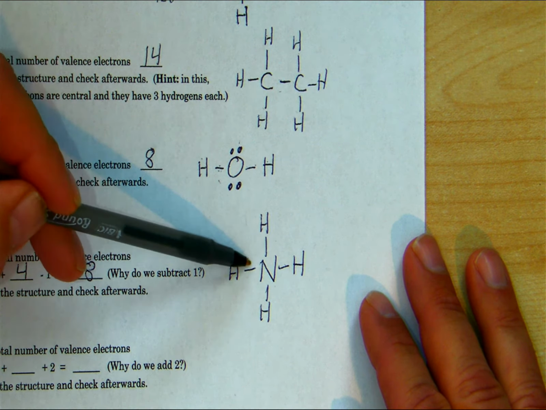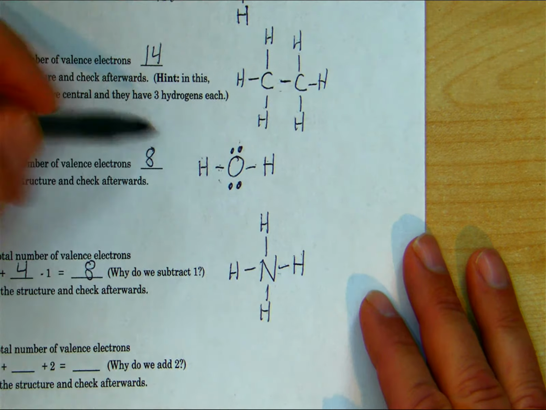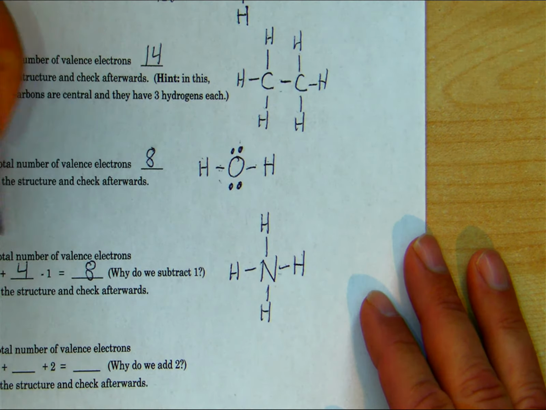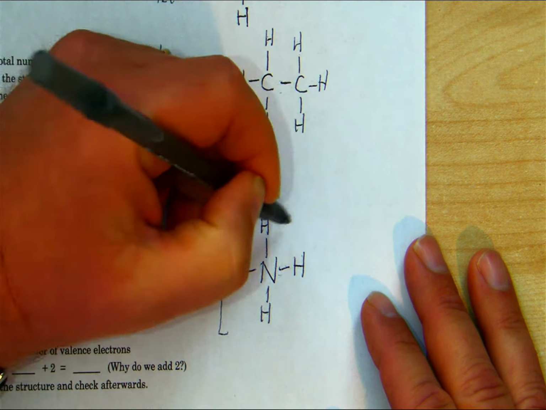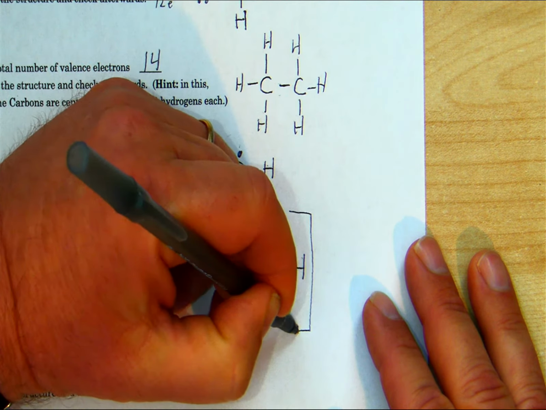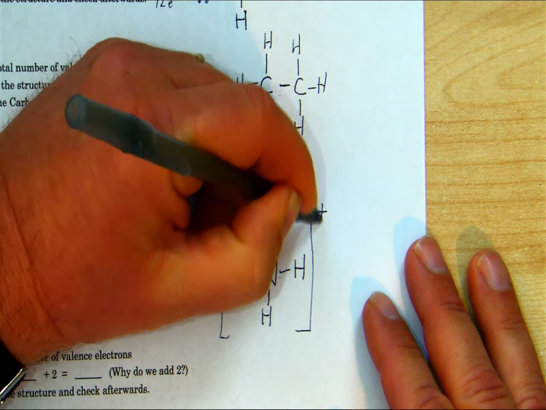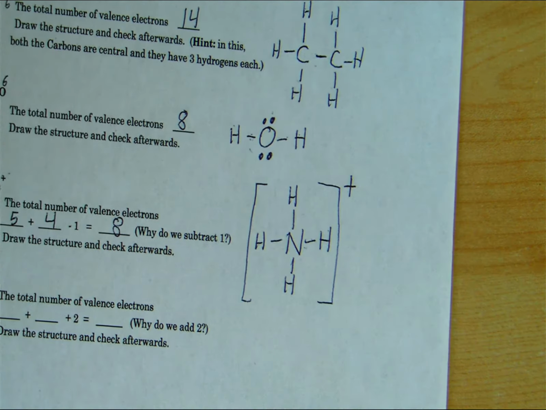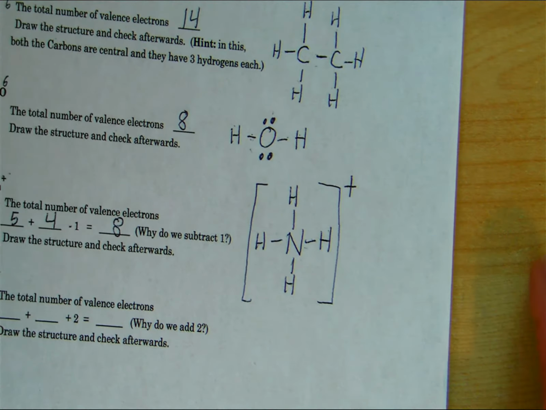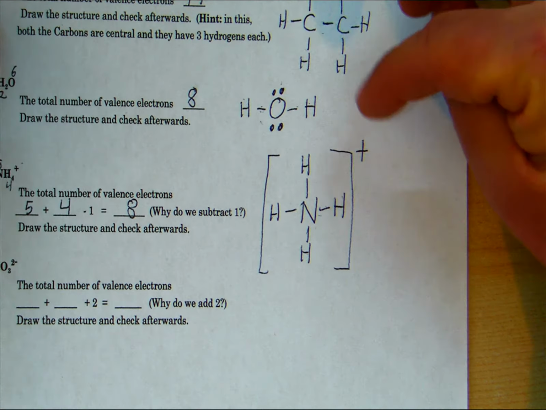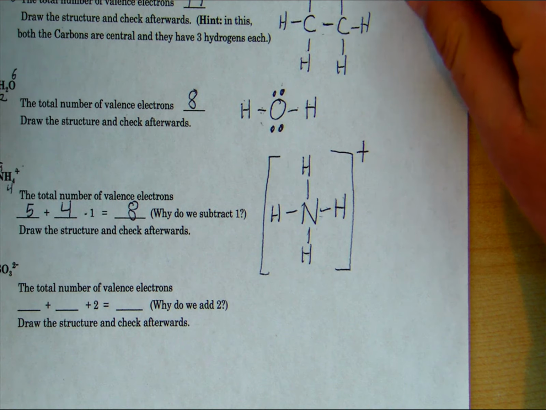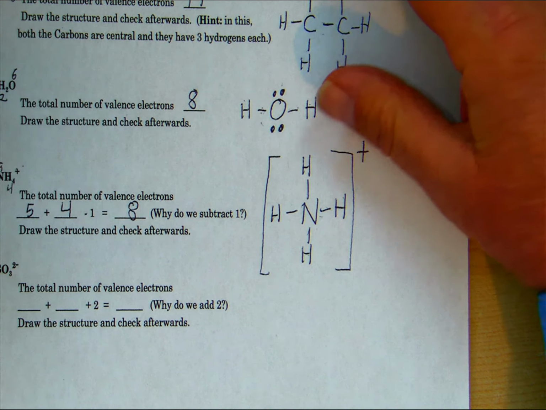Each hydrogen has 2 shared electrons, making them happy. But to show that this is a polyatomic ion, I'm going to put square brackets around it and then a superscript plus sign, reminding the viewer that this particular polyatomic ion is not an electrically neutral molecule. It is a 1 plus charged polyatomic ion known as ammonium.